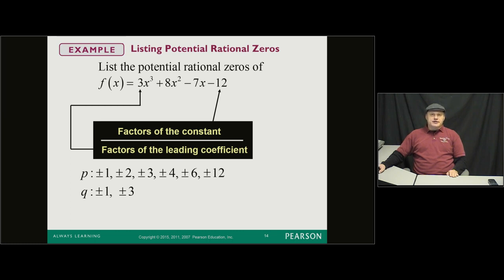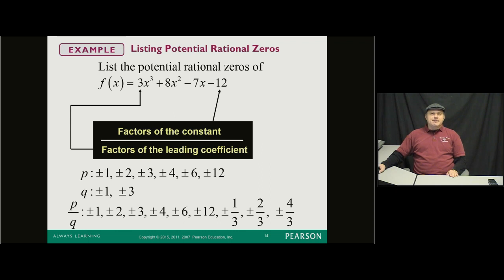And that's going to be part of the list. And then we're going to divide everything by the plus or minus 3 on the bottom. So as you can tell, the list is going to be quite lengthy. So p over q is plus or minus 1, plus or minus 2, plus or minus 3, plus or minus 4, plus or minus 6, plus or minus 12. And that's what you get when you divide everything by the plus or minus 1.